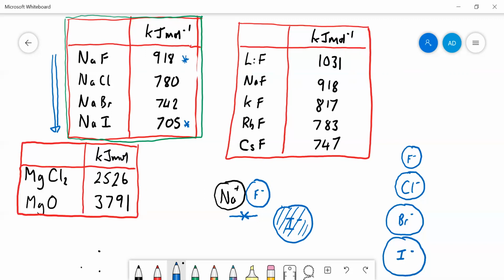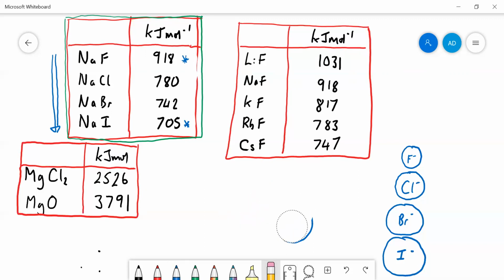Okay, if you want to do that a little bit more formally, you don't need to know this equation, but if you do physics, this will not be new to you. The force of attraction between two charged objects is equal to 1 over 4 pi epsilon naught, and epsilon naught is just a constant, so don't worry about it.